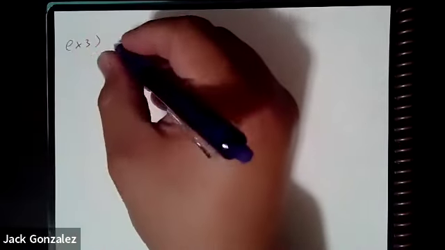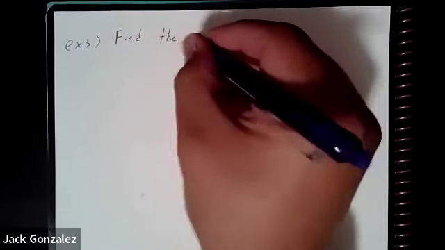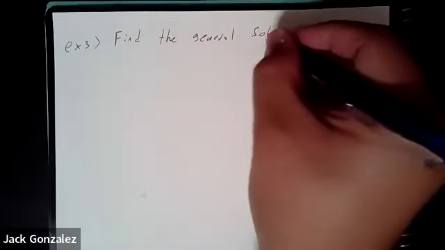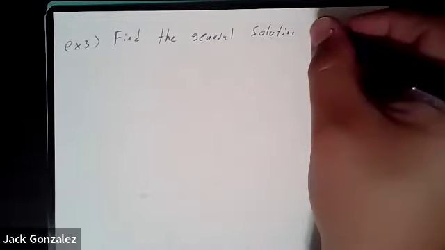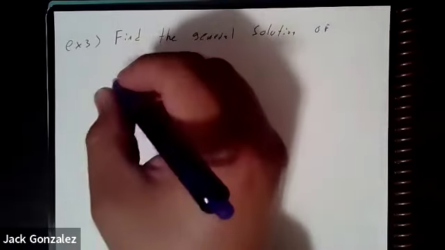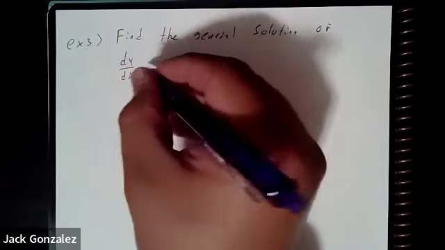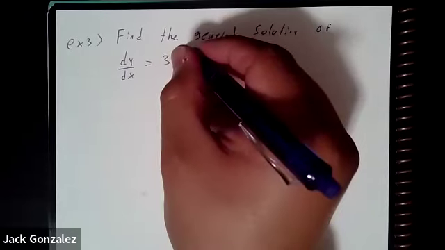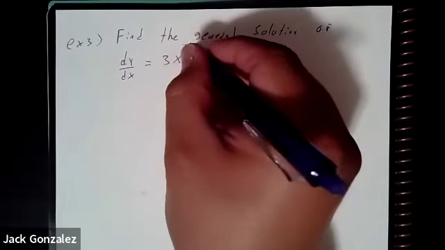Let's do another one. Find the general solution of dy dx equal to 3x to the 2/7.